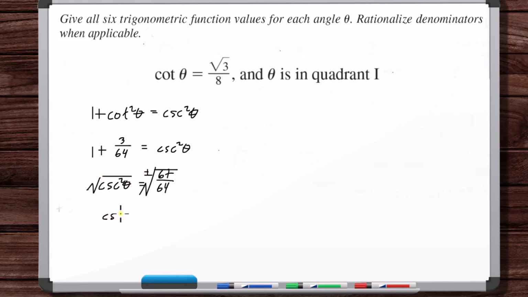So cosecant is plus or minus. Okay, which one? Well, in quadrant 1, every single one of the trig functions is going to be positive.